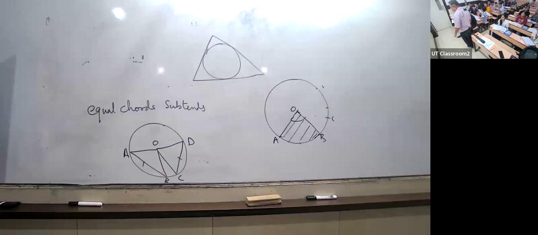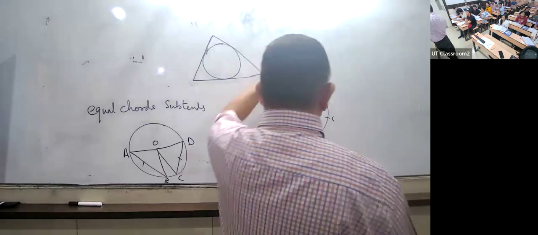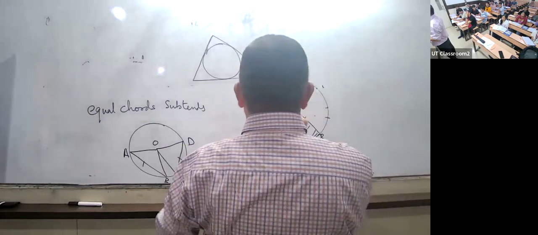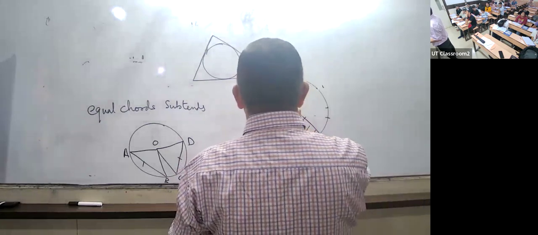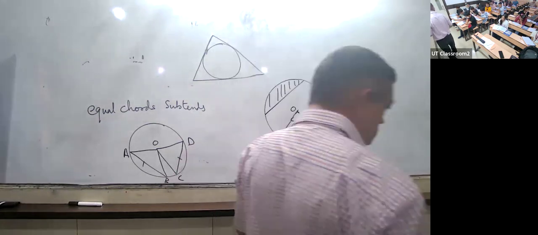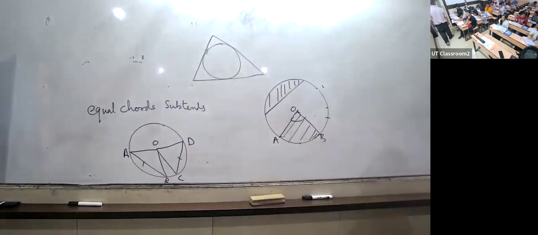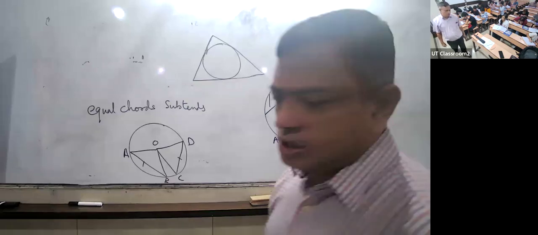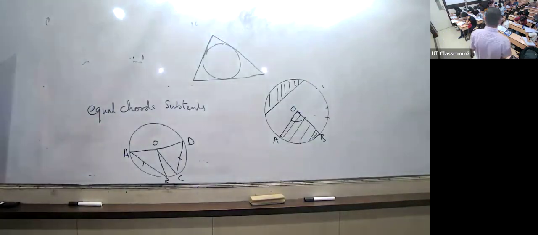The segment of a circle is the region enclosed between a chord and the arc. If I take one chord, this region is called the segment.